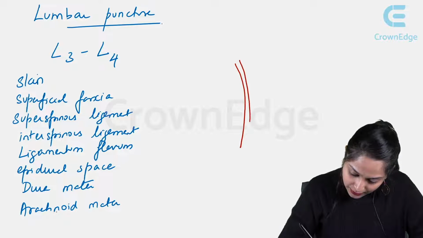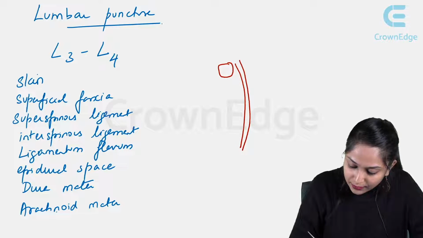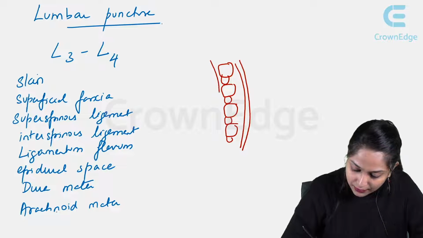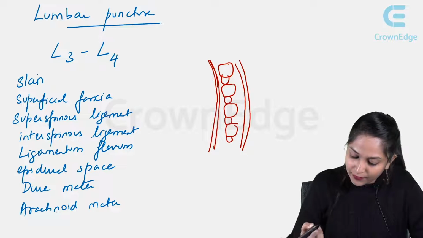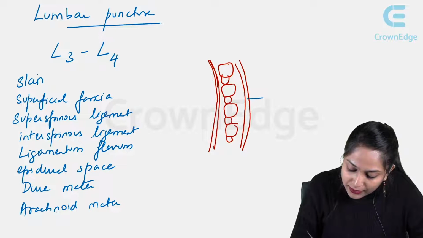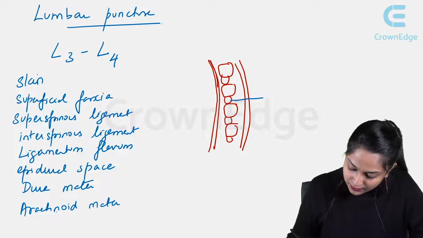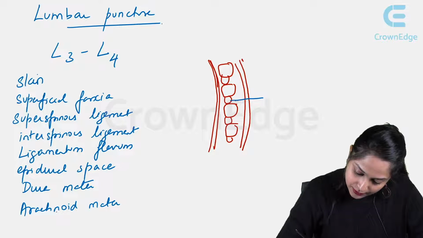Now that's the skin and the superficial fascia, okay? And here are the ligaments. So now when a needle is injected, this is the skin.